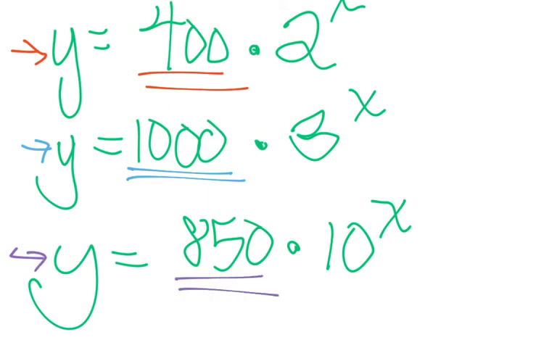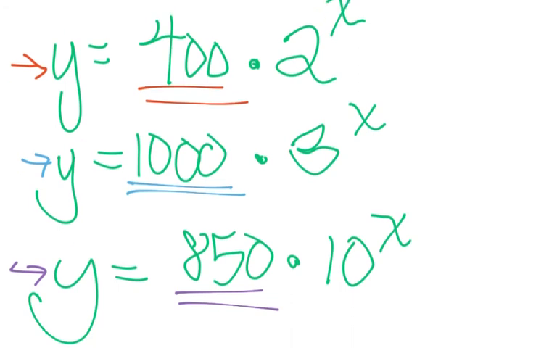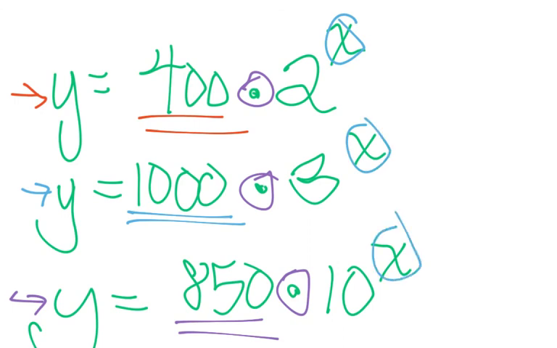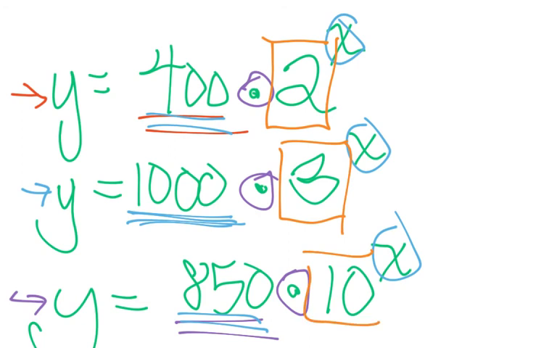These are all exponential functions or equations. How do I know that? Because I am multiplying here. How else do I know it? I've got exponents. All right, so initial amount is double underlined. Now I've got this other number that I am going to draw a box around in orange. 2, 3, and 10.